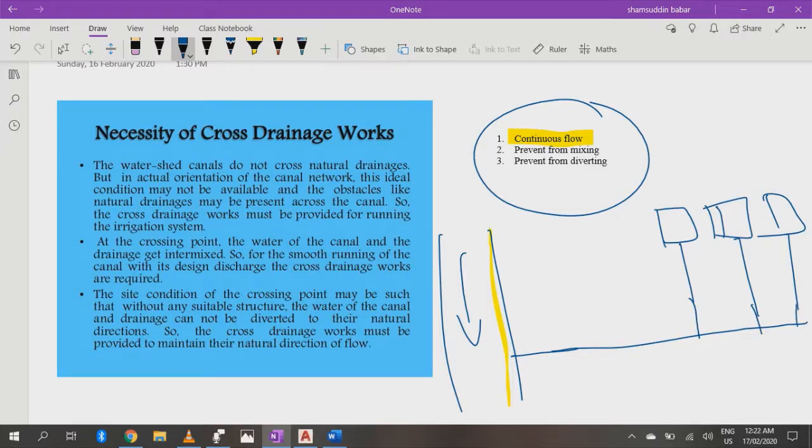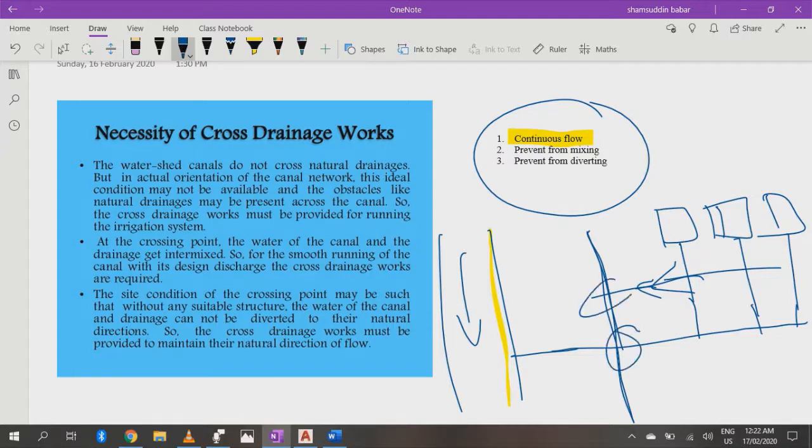These water courses can get water from here. Now let's suppose there are chances that in this direction there must be some sort of natural drain that is flowing in this direction, or there are chances that it might be flowing in this direction, or even coming from this side, just flowing in this direction.